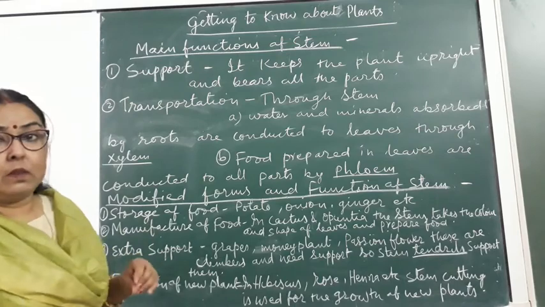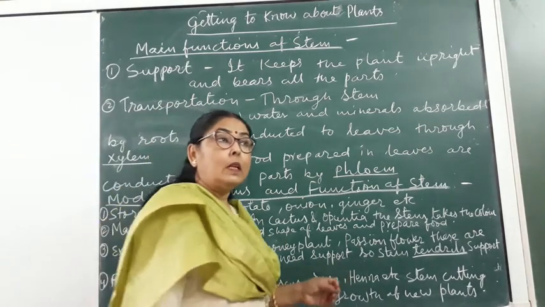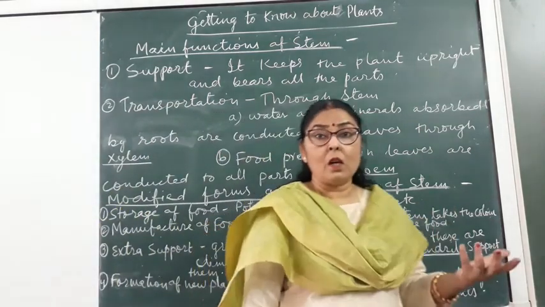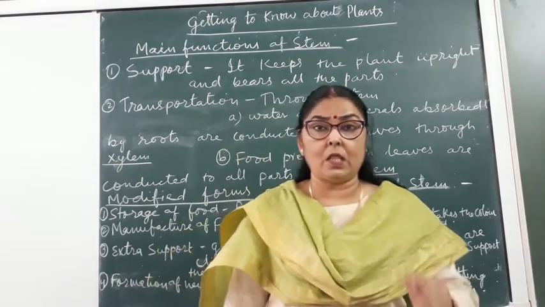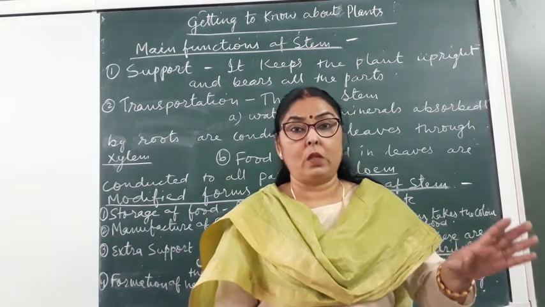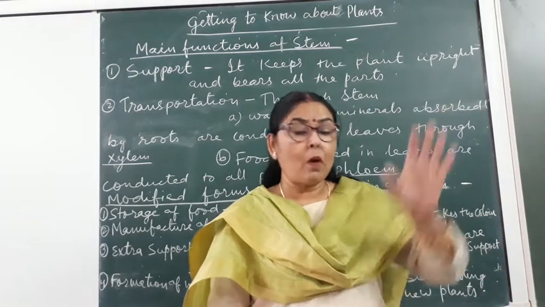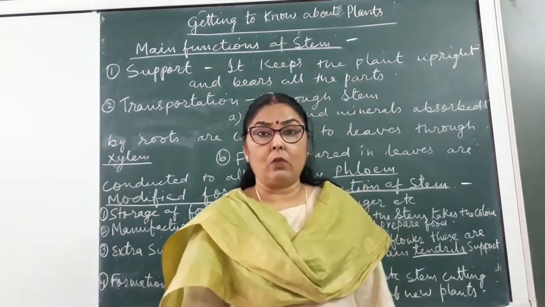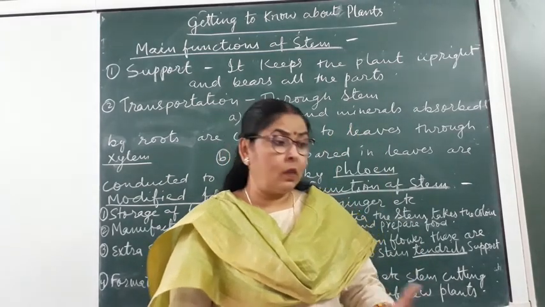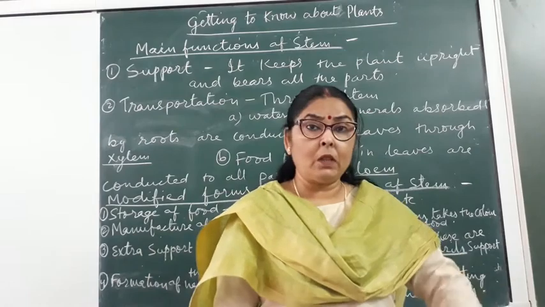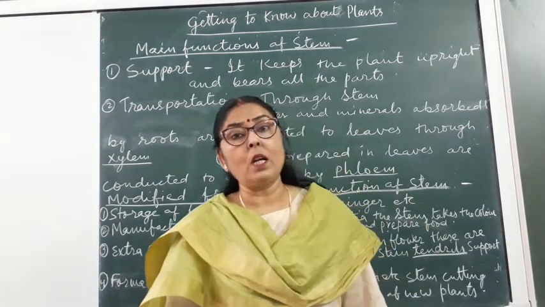Extra support, as I have told you that many herbs have very soft, tender stems, so they need support, and they climb or creep on the ground. As they climb, they are called climbers, and those which do not climb, they just creep on the ground, are called creepers.